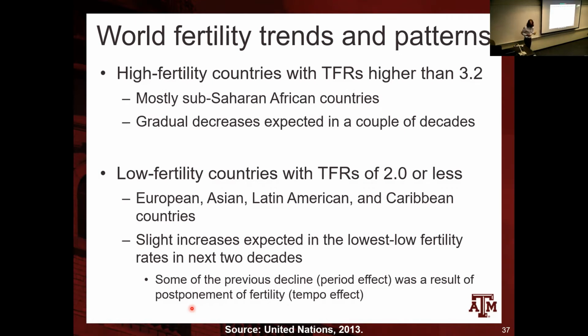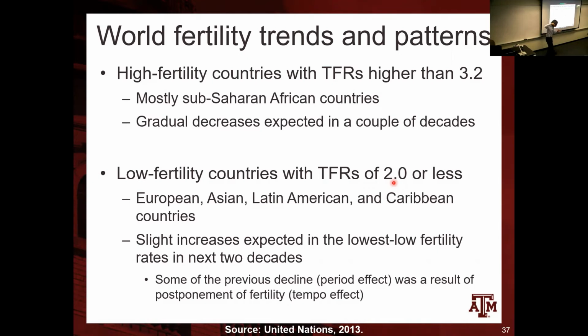On the other hand, the countries that are known as low fertility countries are those with less than 2 children per woman on average. So countries with fertility below the replacement level. And that's the case of European, Asian, Latin American, and Caribbean countries.